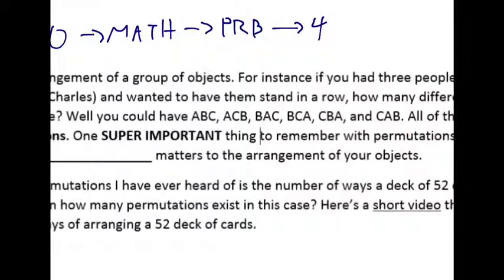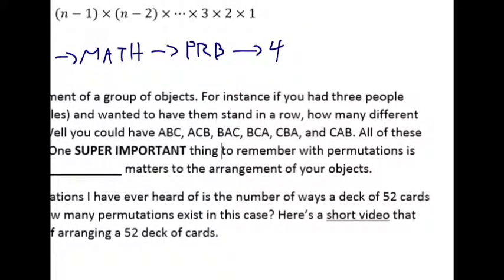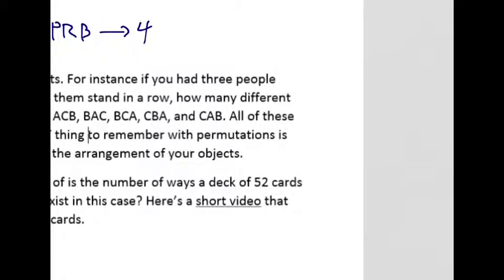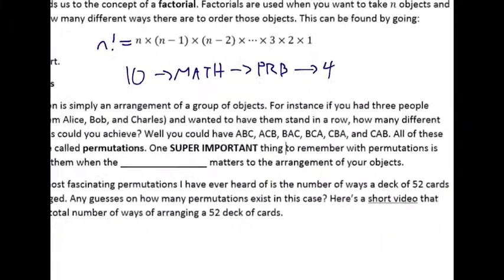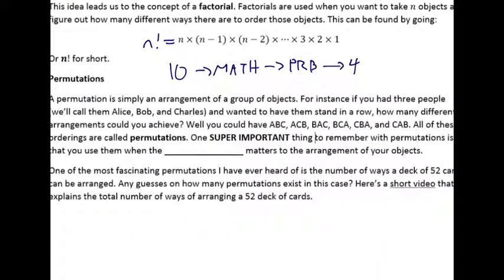How many ways is that in total? 6. Or 3 for the first position, 2 for the second position, 1 for the last position, or just 3 factorial, which is 6. So these arrangements or orderings are called permutations.